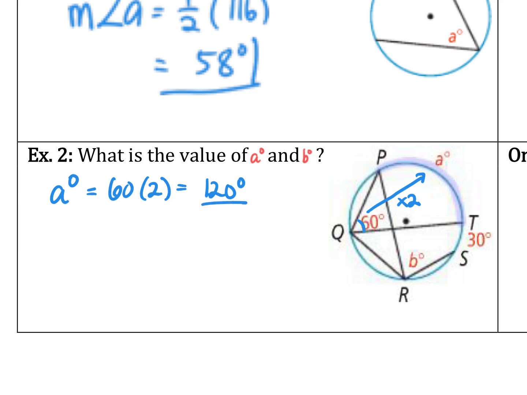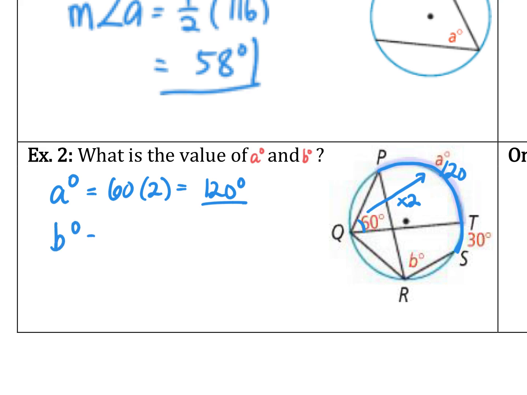Now what about B? Remember this is going to be 120 already, and this is going to be 30. The intercepted arc for B is from P to here, so 120 plus 30 gives you 150.